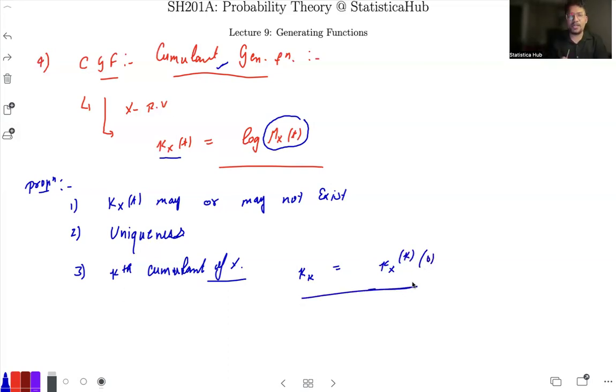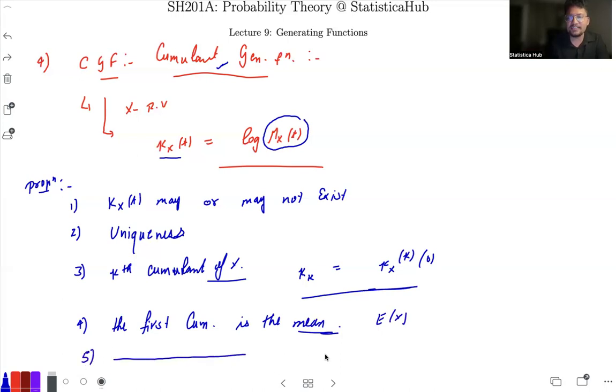So if you take the cumulant generating function, differentiate it for the kth time and keep the t value to be 0, you get the kth cumulant for the random variable x. Remember a few properties: the first cumulant is the mean, that is simply the expected value of x. The second cumulant is the variance, that will be the variance of x, which is the expectation of x square minus expectation of x raised to the power 2.